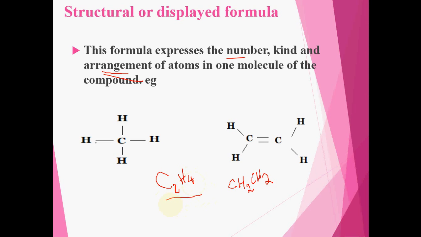Someone might not know how many hydrogens are bonded to which carbon atom, but when I write it like this, someone will know this carbon atom is bonded to 2 hydrogen atoms, and that carbon atom also is bonded to 2 hydrogen atoms. This type of formula is a condensed formula.